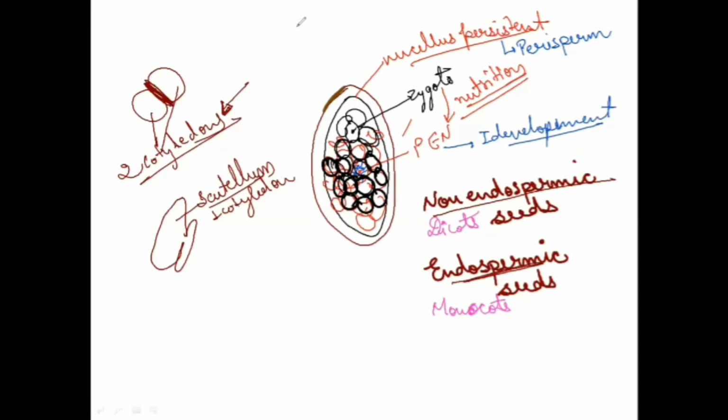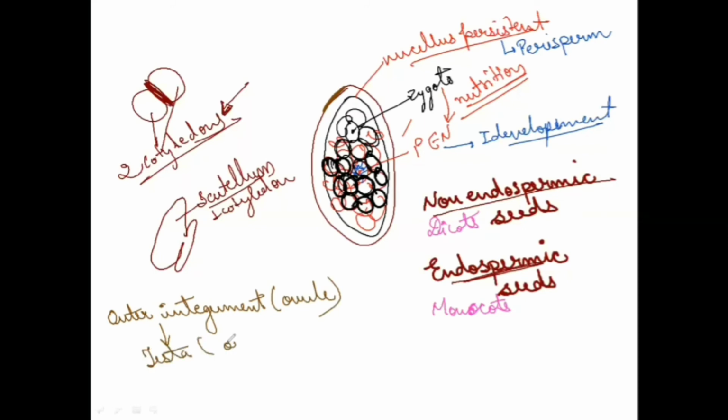So, I'm not drawing the integuments again. I'll just mention their name and tell you what parts they are converting into. Outer integument, which was the outer layer of the ovule, will form the outer layer of the seed coat that is known as testa.